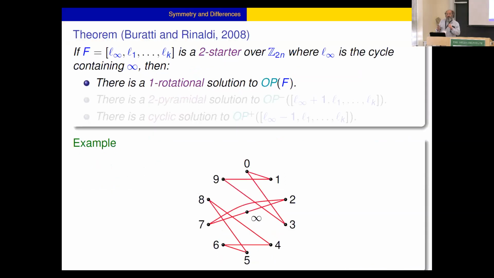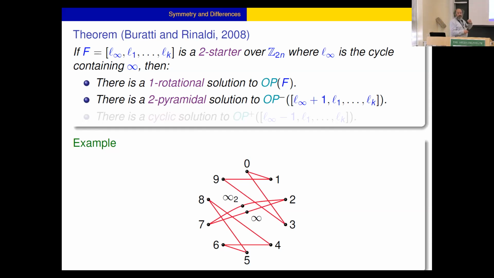The reason these 2-starters are really nice, or one of the reasons, is that if you have one, then there's a 1-rotational solution. Well, there it is. That's where we started from. But there's also a 2-pyramidal solution. So what I do is I just add an extra infinity between the 2 points that were going through infinity to begin with, and that gives me my 2-pyramidal solution.